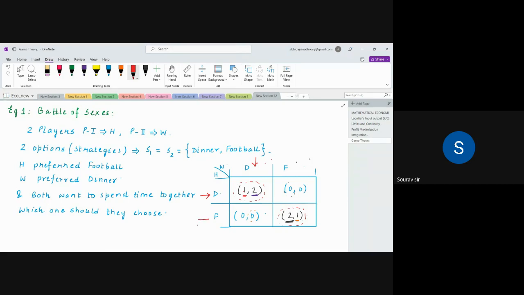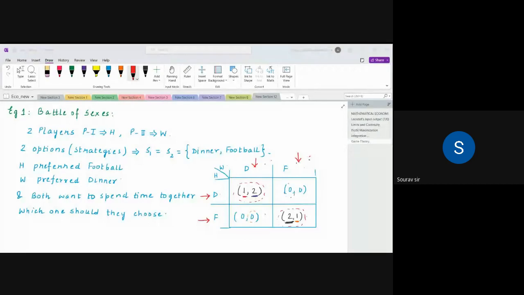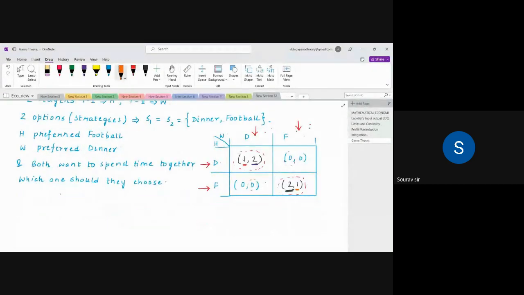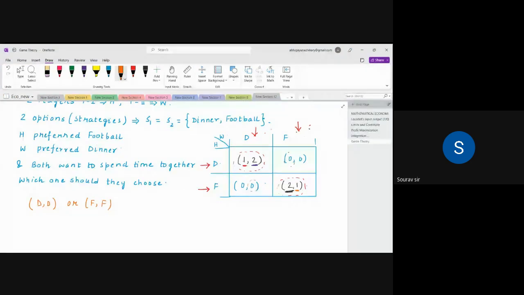If the husband chooses to go for football, the optimal strategy of wife would be to go for football. That means the optimal strategy is either DD or FF. Correct. This is what the optimal should look like.